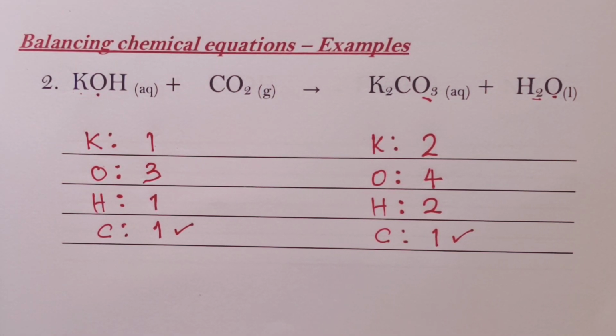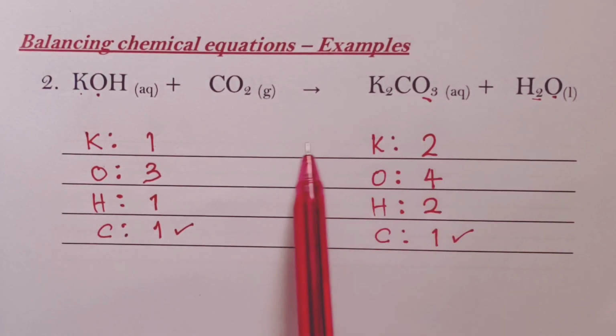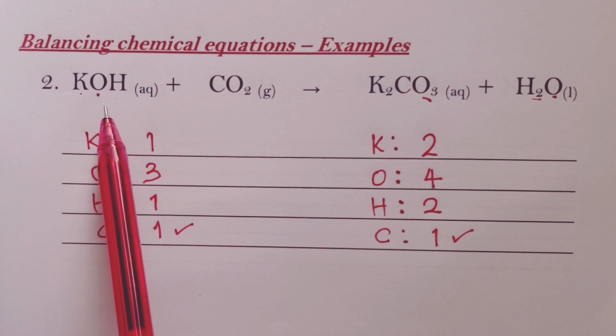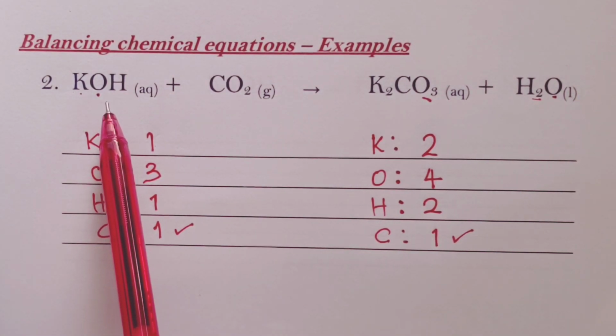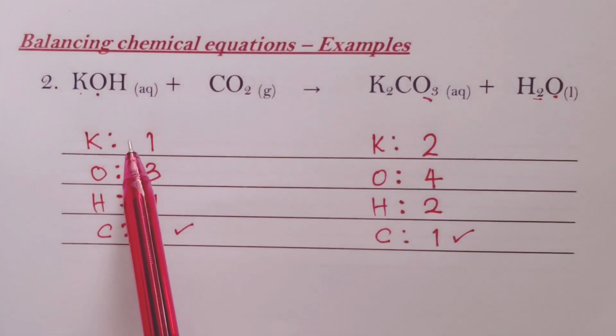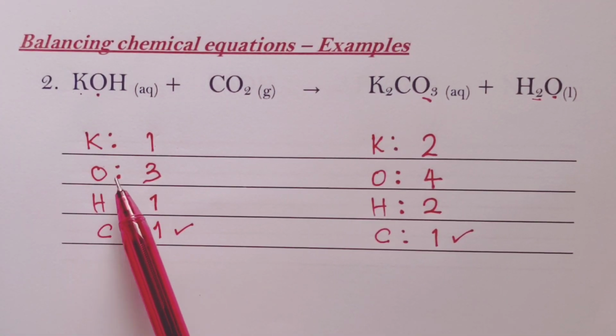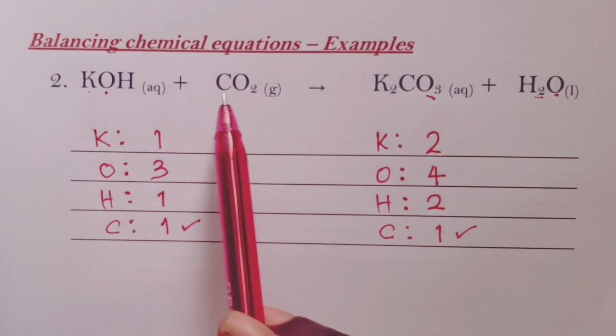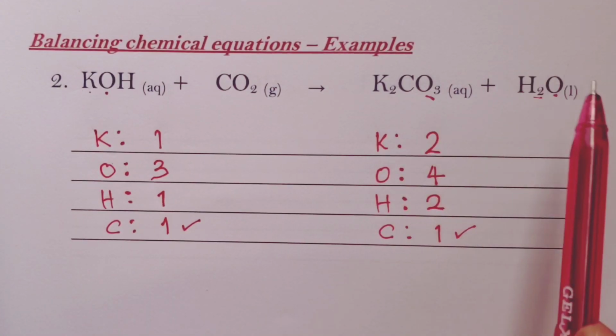So when I look at this equation, I realize that I can easily balance it by looking at potassium or hydrogen. They look simpler because if you look at oxygen, it appears in more than one substance, both on the left and on the right.